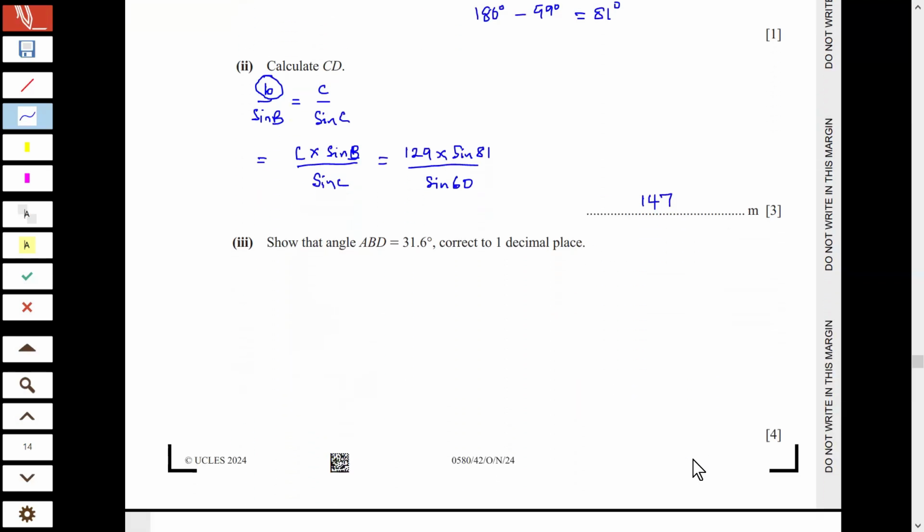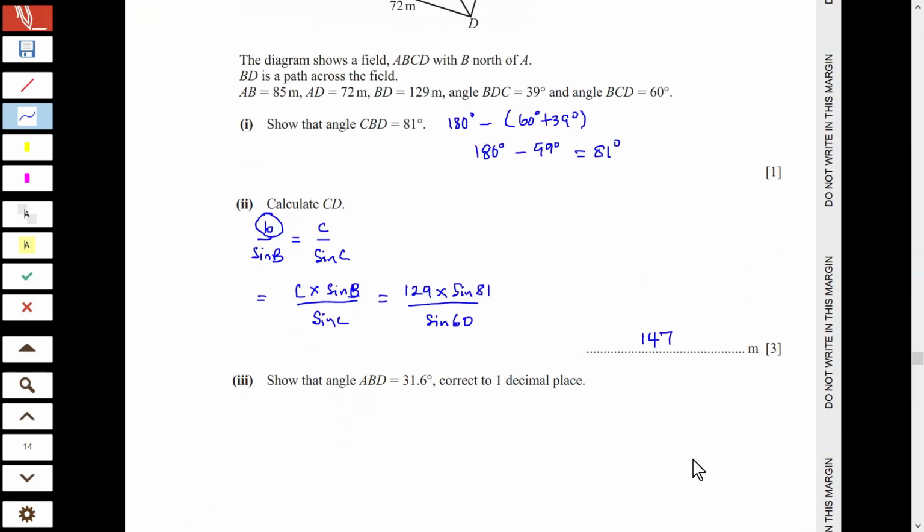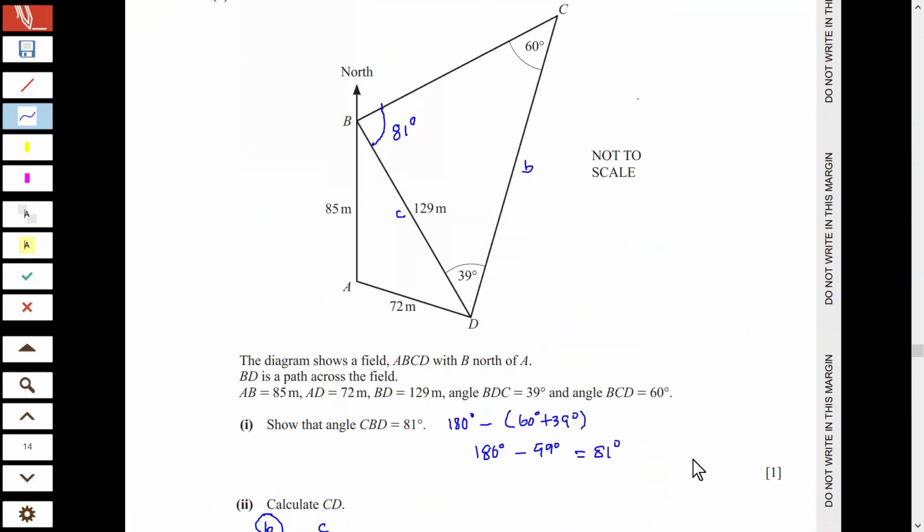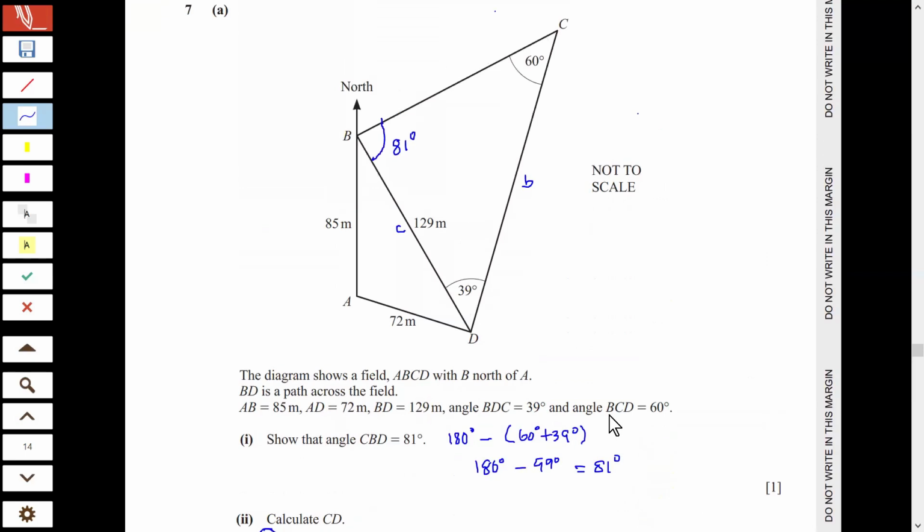The next question says, show that angle ABD is 31.6 degrees to one decimal place. Let's go back to the diagram. Angle ABD is 31.6 degrees, correct to one decimal place. This is the angle they're asking for, and we need to prove that it is 31.6 degrees.